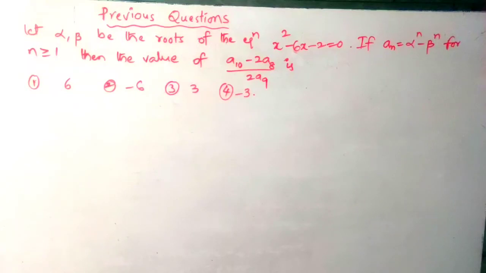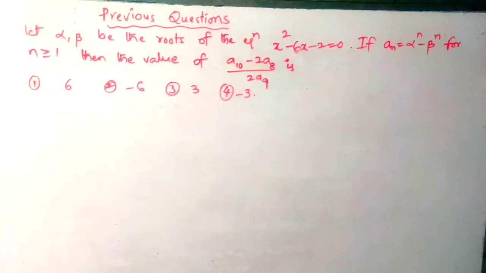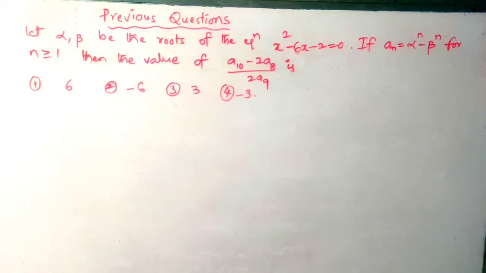Today we are discussing previous questions of this chapter. So let's start the question. Let alpha, beta be the roots of the equation x square minus 6x minus 2 equals 0.